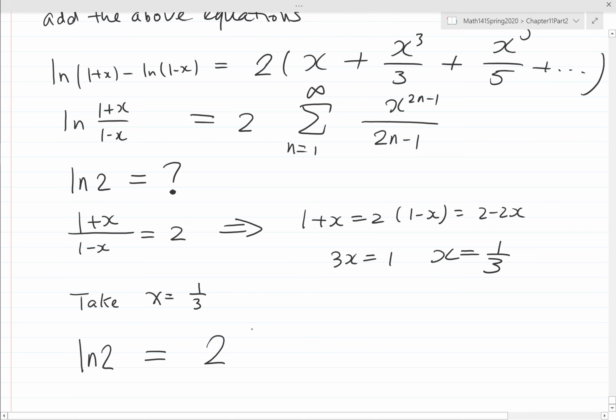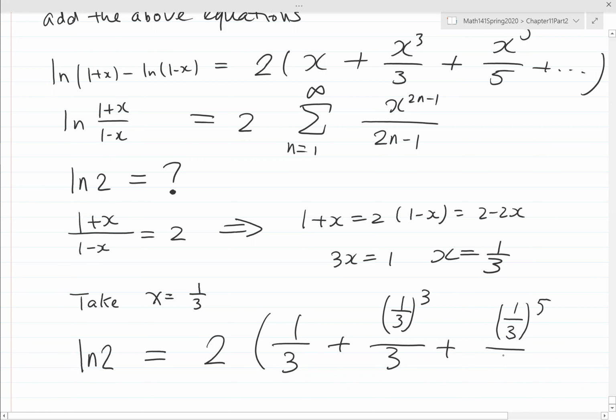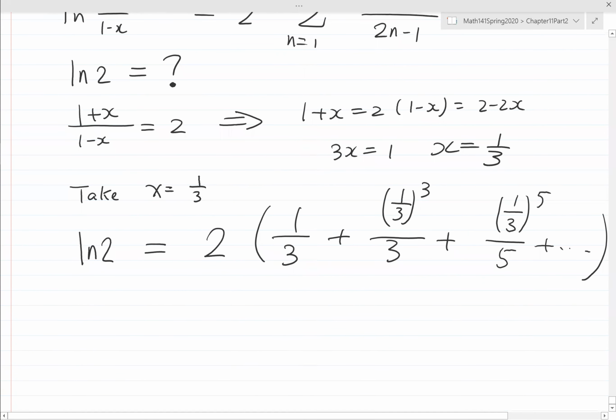The right side, if you plug in x equals 1/3, will be twice 1/3 plus (1/3) cubed over 3 plus (1/3) to the power of 5 over 5, etc. Now this power series converges reasonably fast to ln 2, a little faster than the alternating sum of reciprocal integers.